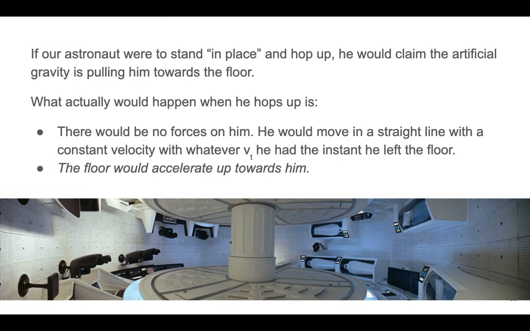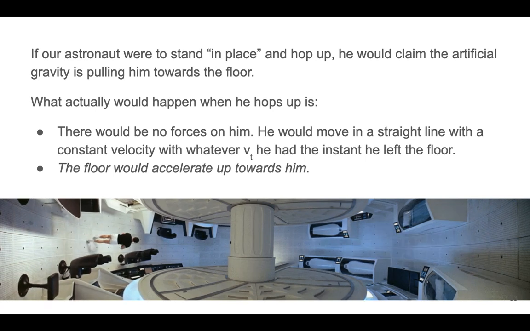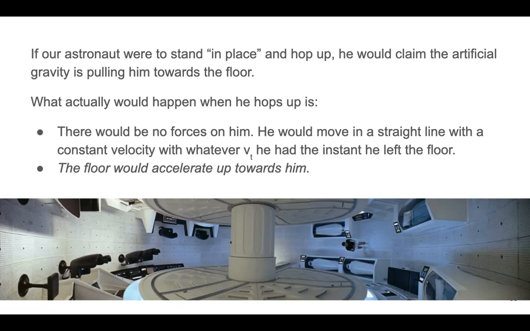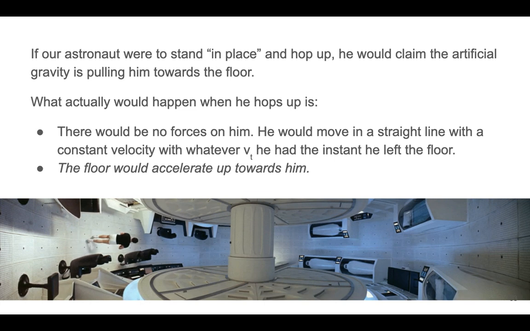So it's kind of hard to see how this would actually work. Normally in class I would draw a nice picture on the board that would explain what's going on. I don't have the picture here. So if you were the astronaut in this spinning space station and you hopped up in place, you would say that gravity is pulling you down to the floor, artificial gravity. We would see it differently. We say that there are no actual forces on this guy as he's spinning around.